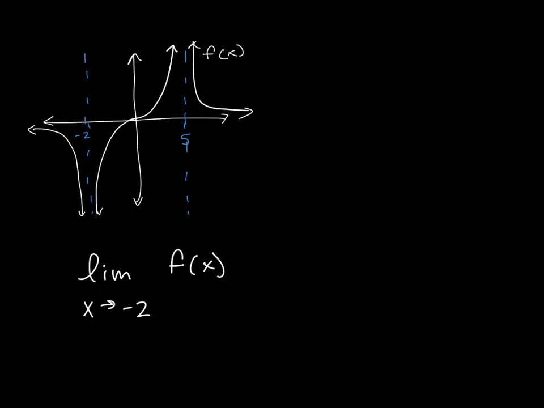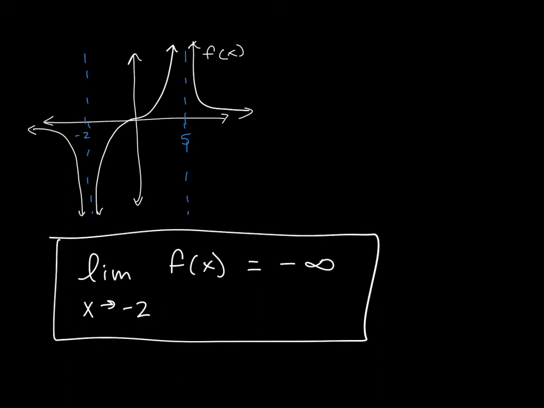If I look at the left-hand side, you'll see it is getting sufficiently large and approaching negative infinity. Same thing if I come at it from the right-hand or the positive side, also approaching negative infinity. Again, we say this limit approaches negative infinity.